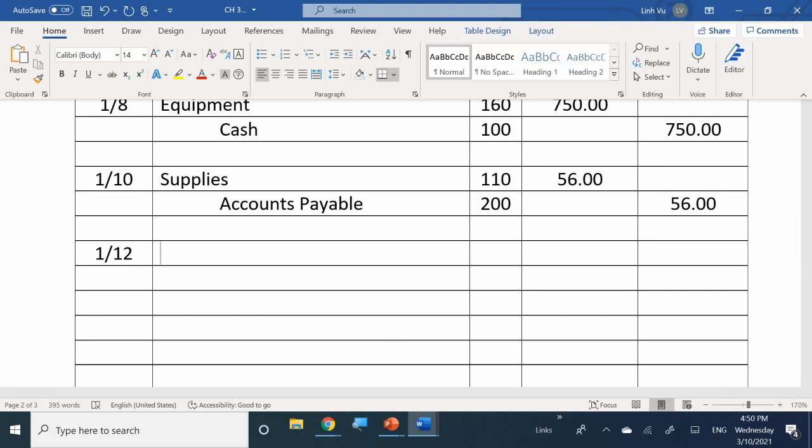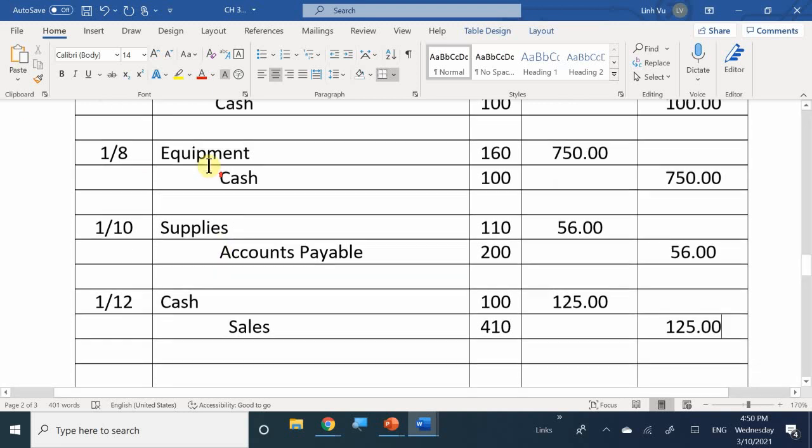We got cash for a total of 125. We're debiting it because we gain the money, we're increasing our cash, and at the same time increasing our sales for 410. So therefore, $125.